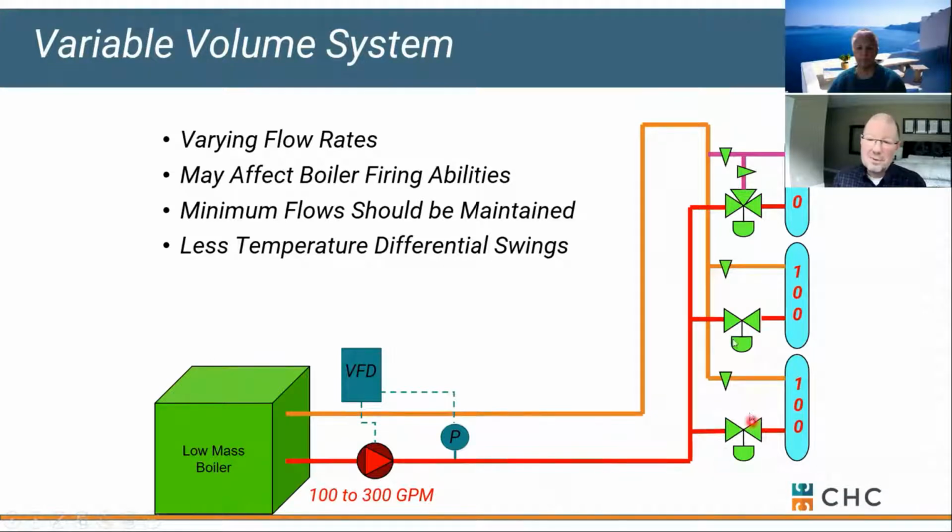Now, one might ask, if two-way valves are great, why don't we go to all two-way valves? Some engineers do, but we always need some type of flow to come back to satisfy not only minimum flow for the boiler, but also minimum flow for the pump and the system. So typically you've got some type of bypass built into your system so we don't deadhead the pump or go to a no-flow condition.